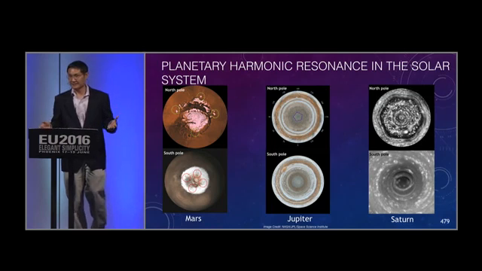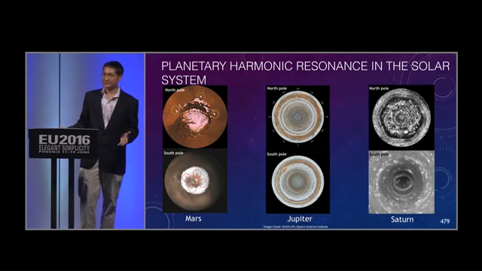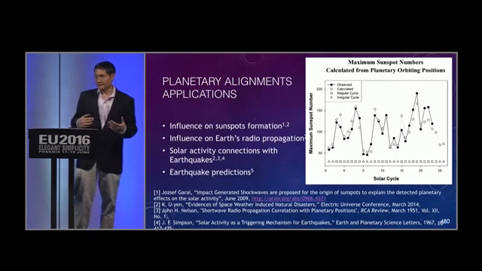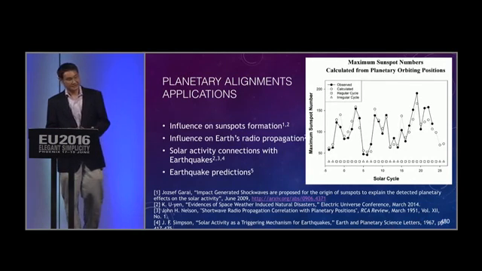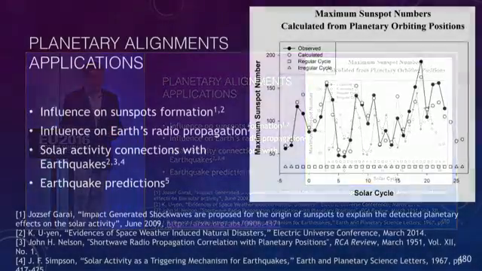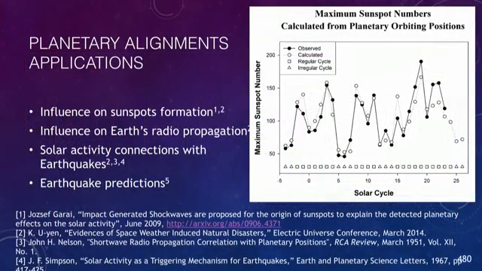So there's a lot of evidence of resonant vibration occurring in the solar system, and we can actually use it for solar activity predictions, climate predictions. And these are references for researchers that have been doing some predictions, such as sunspot formation.